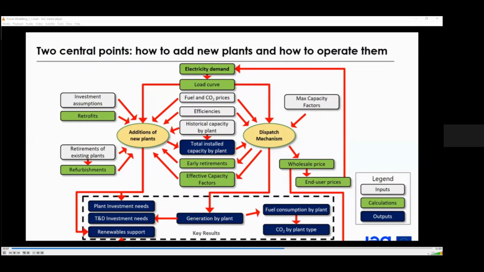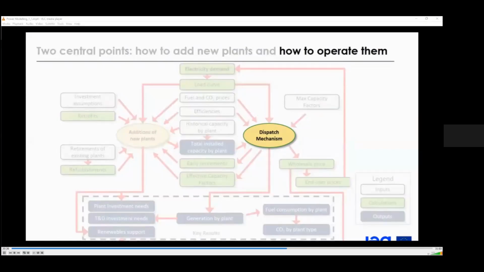The output of this is generation by plant, and we will see at a later stage fuel consumption and CO2 emissions by plant type. So we're really focusing on this part of the model.